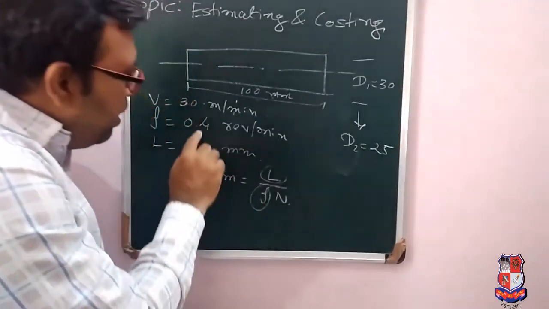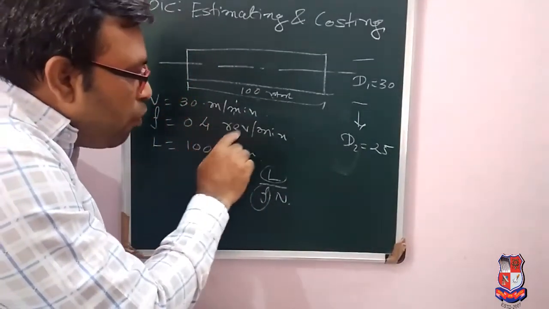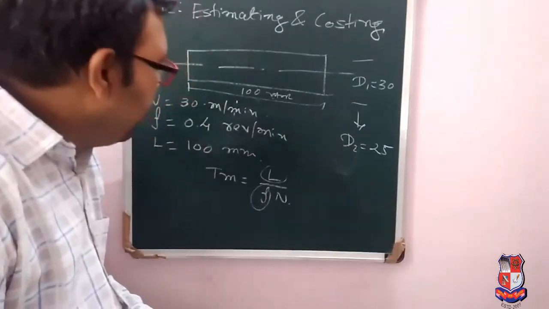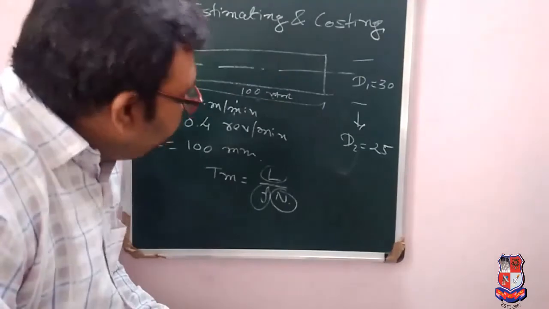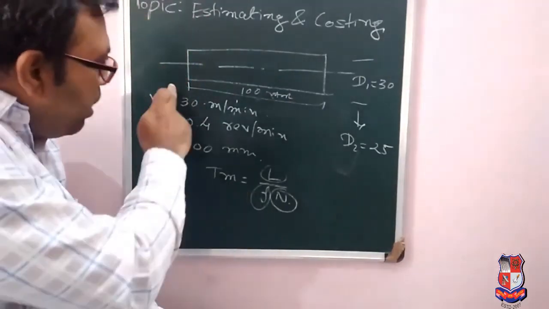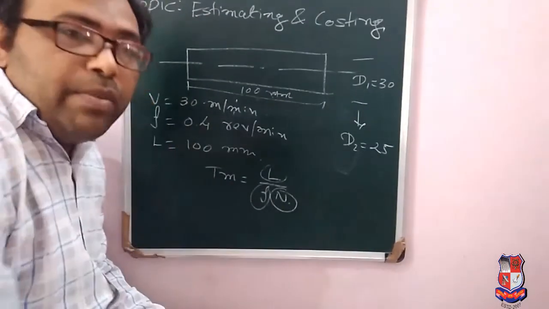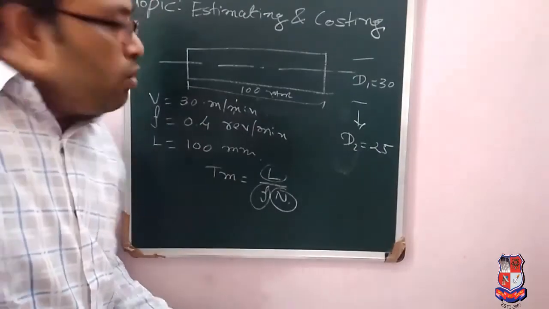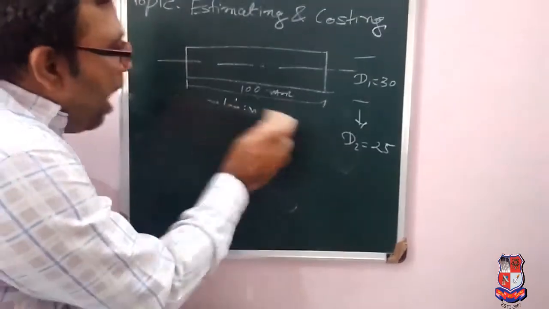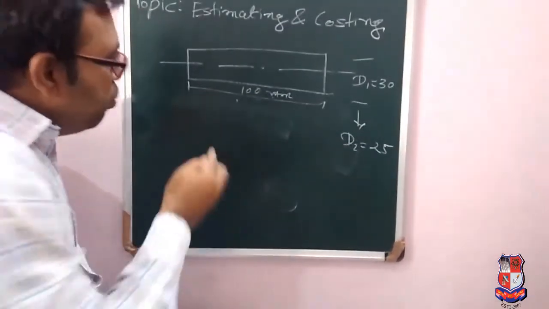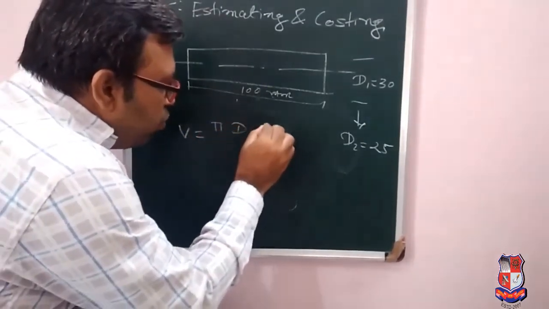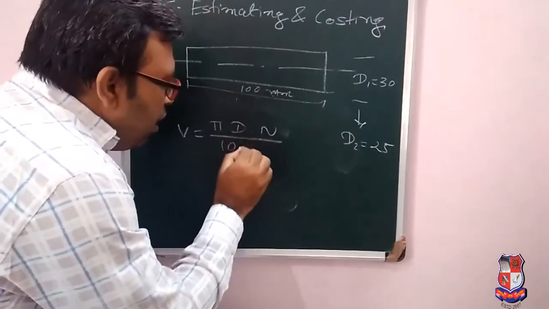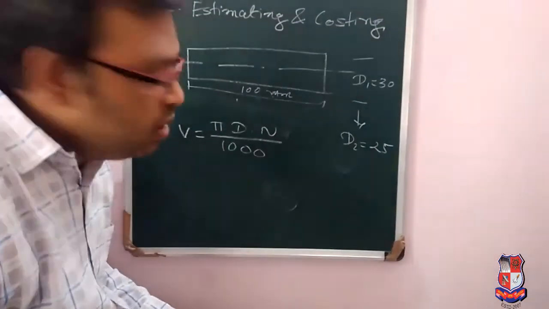F, that is feed, it is given as 0.4, and N is RPM of workpiece. So in this data RPM is not given, so we will find RPM by using equation V equal to pi D N upon 1000.